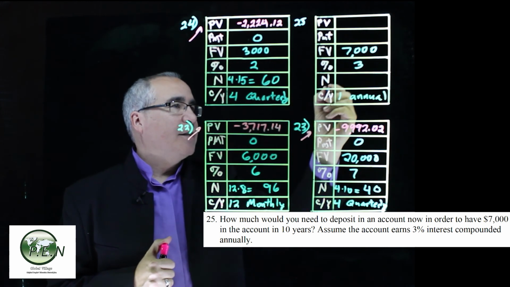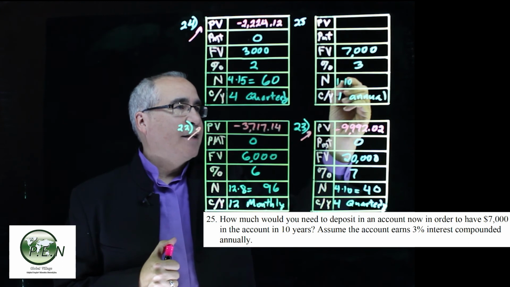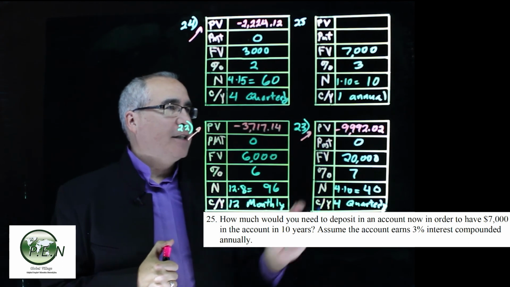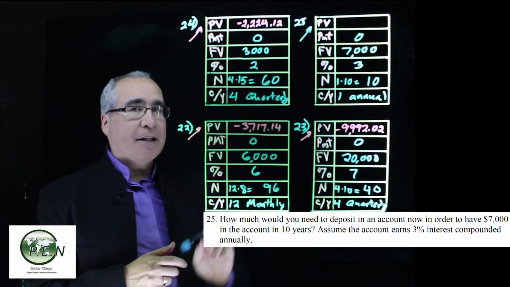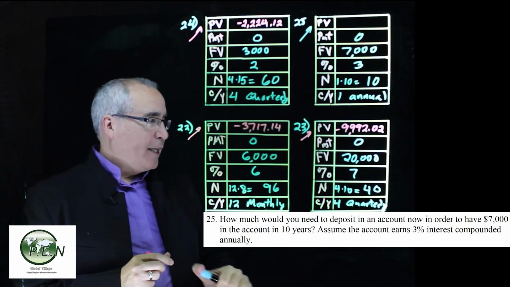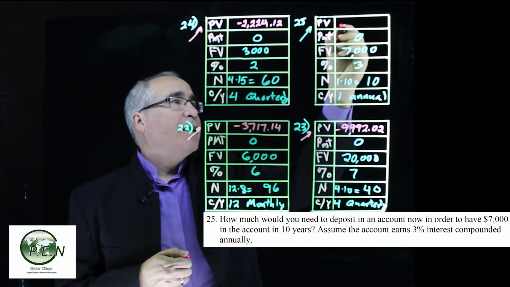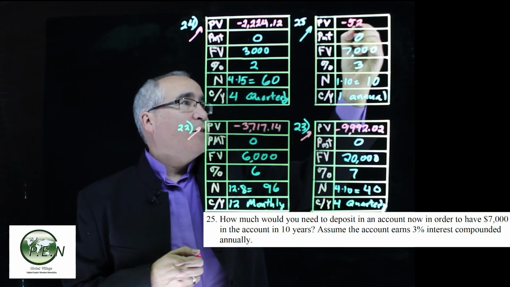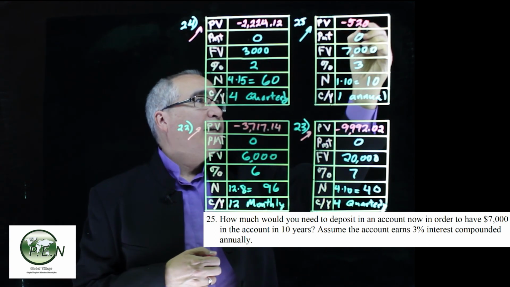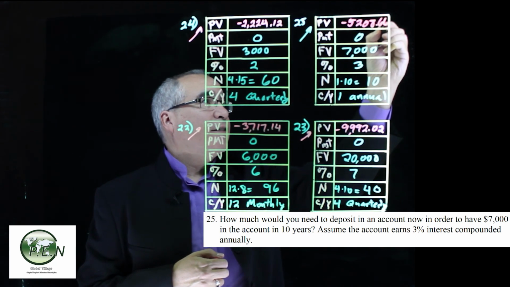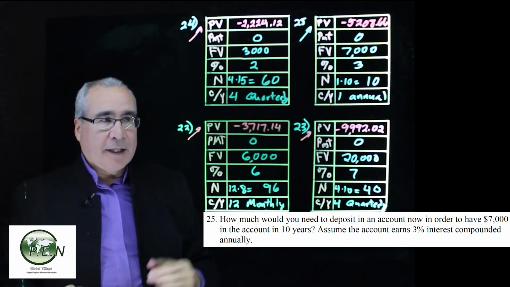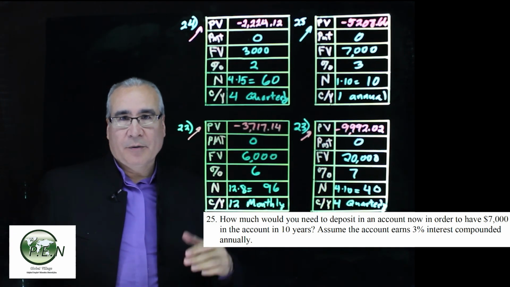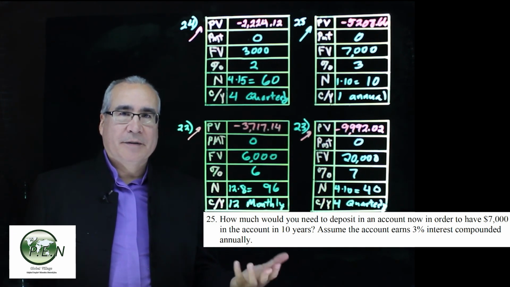We want it in 10 years, so that's 1 times 10, or simply 10 periods, no payments. Click on the present value button, and it will tell us that we need $5,208.66. Okay, so that's how we can calculate the deposit needed to produce a particular result in the future.